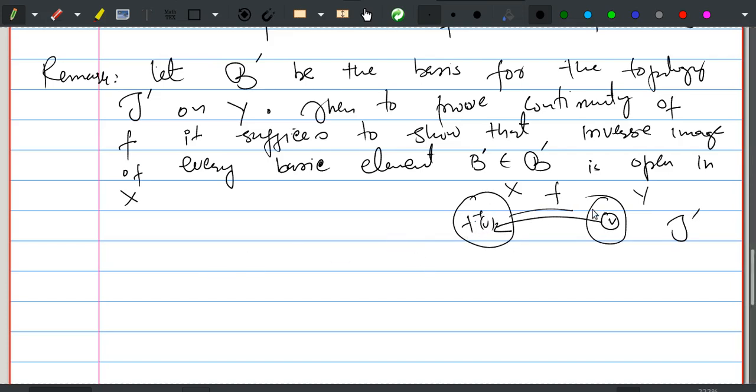Now what we claim here is that we need not look at this condition for each and every open set. Instead, we just look at the inverse image of basic open sets.